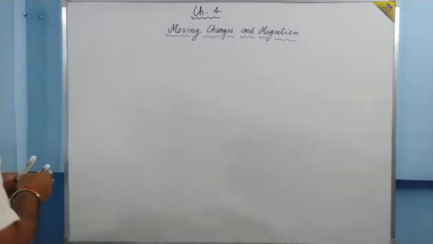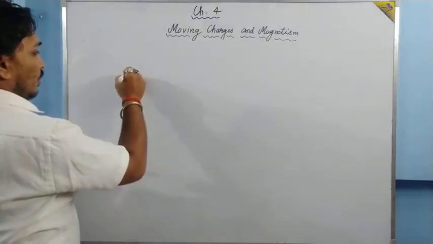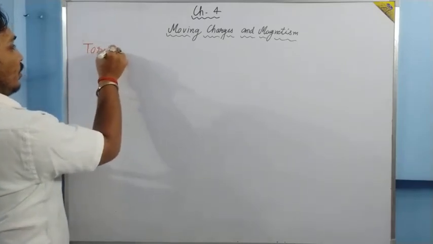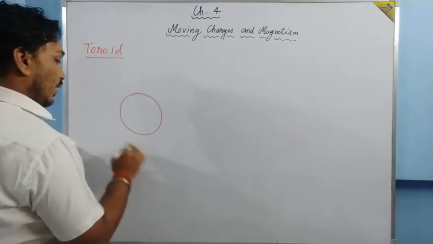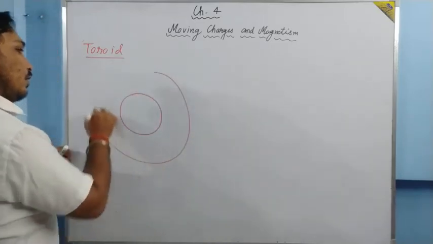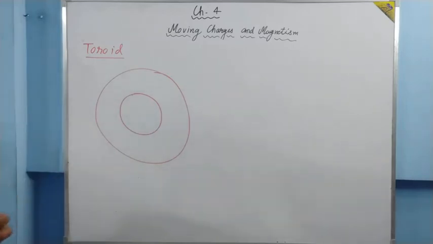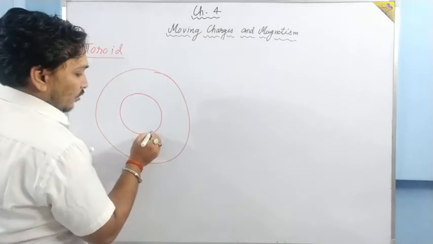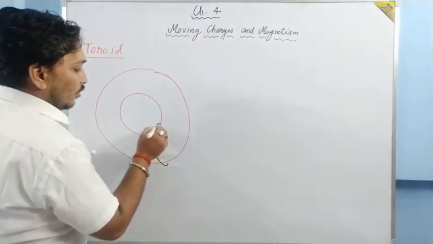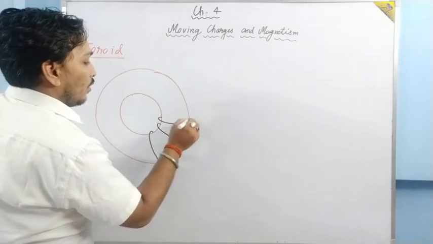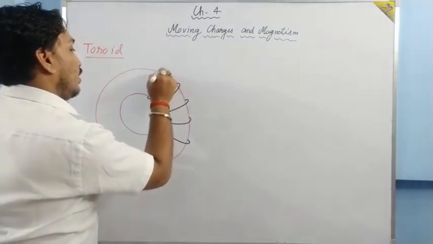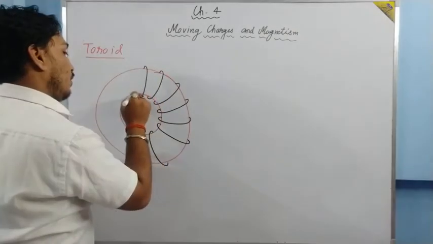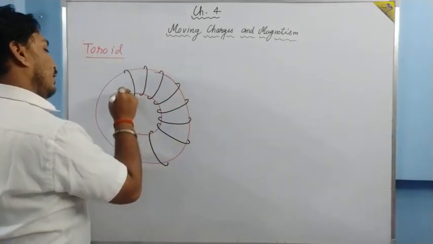So a toroid is basically a solenoid which is bent in the form of a circular ring.